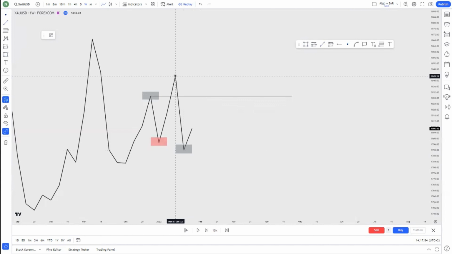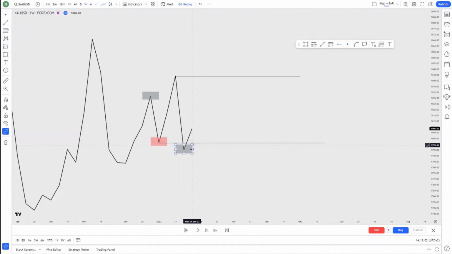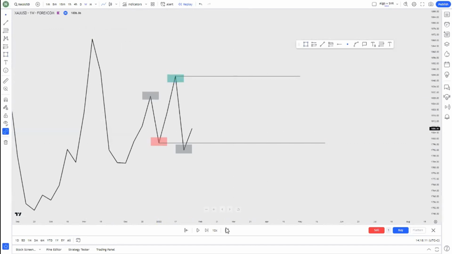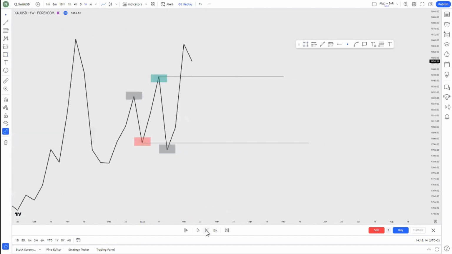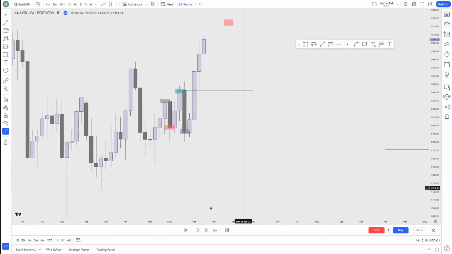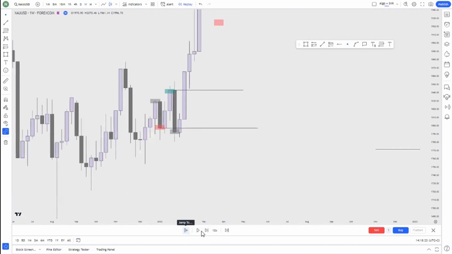So for us to validate this left shoulder right here as a support and resistance level, we would want to see the market closing above this A right here. So something like this. Then this is going to be our left shoulder. That's going to be our left shoulder right there.